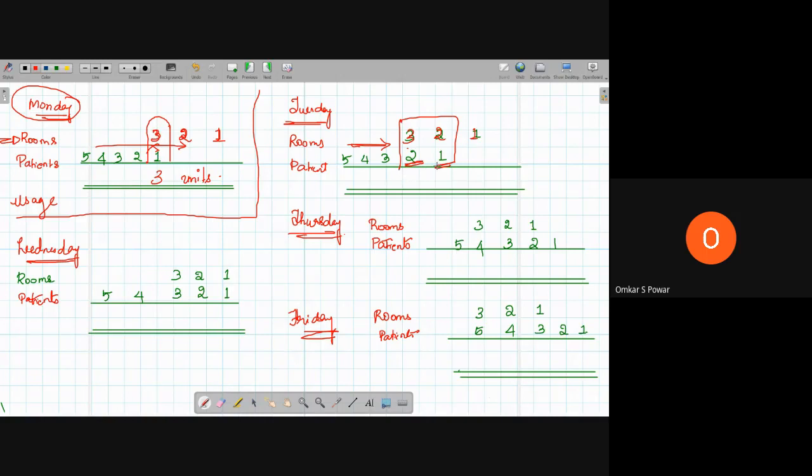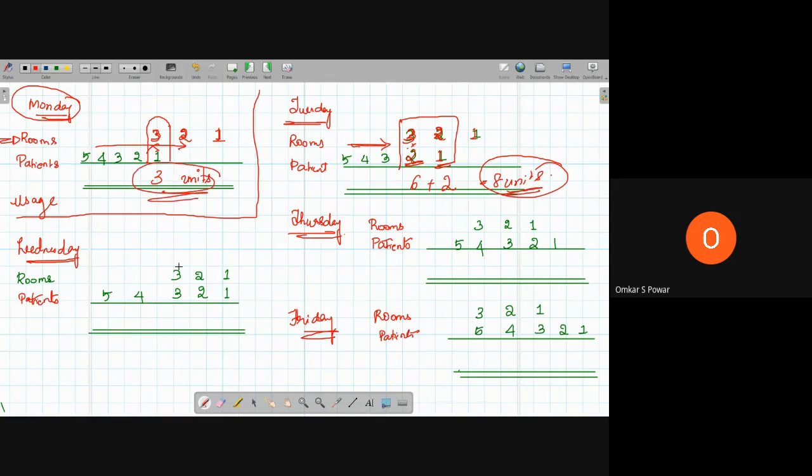On Tuesday, two patients, but this one patient from the previous day has to take 2 units of vaccine. So 3 into 2, 6, plus 2 into 1, 2. Total units is 8 units.